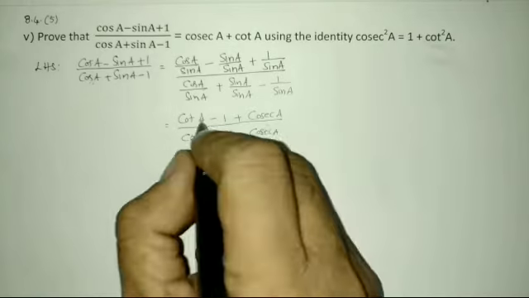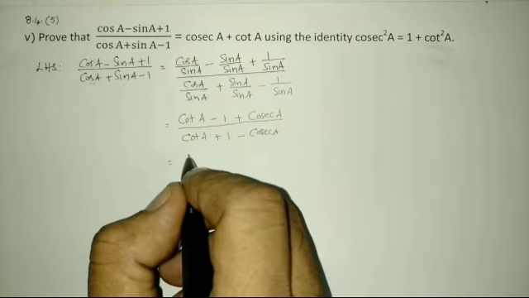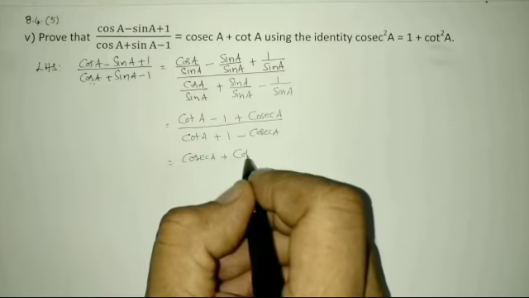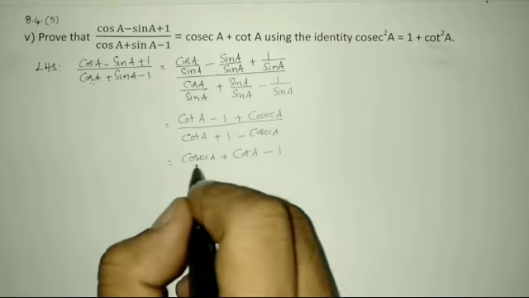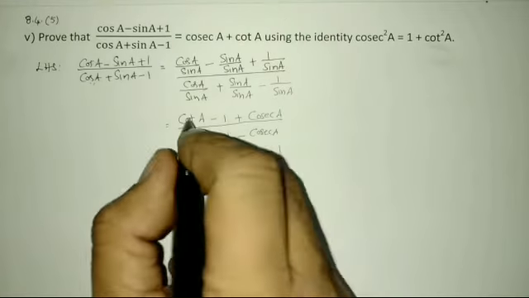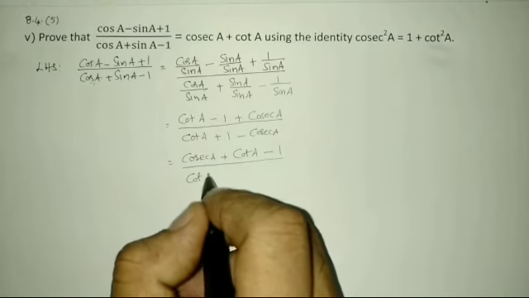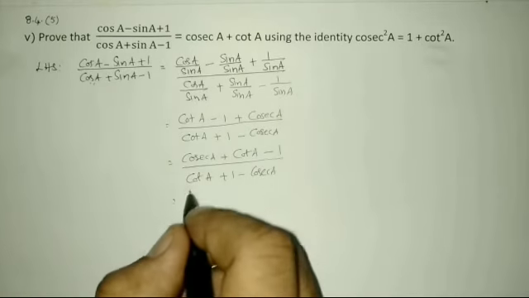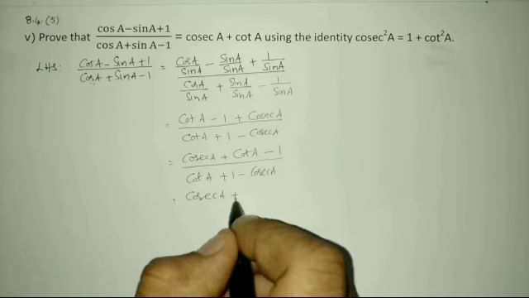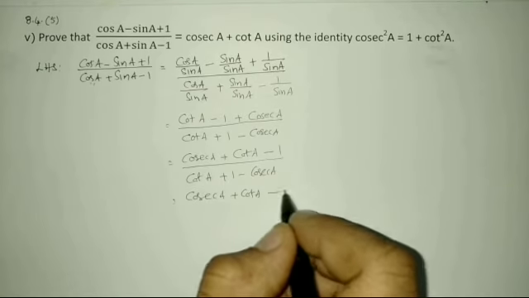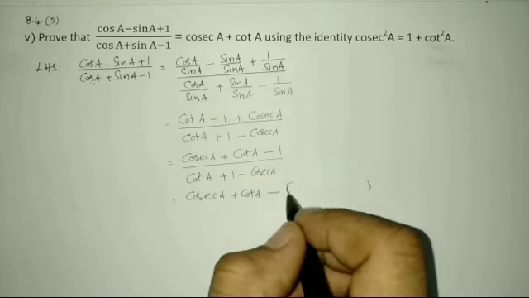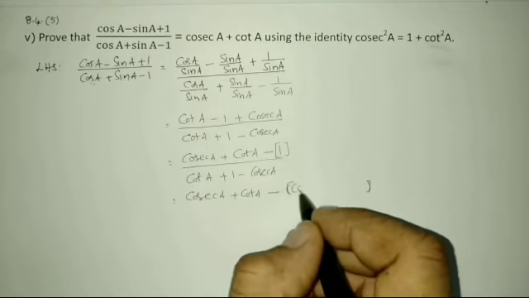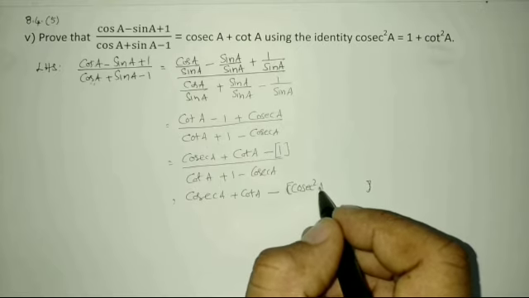Cosecant A. Now I am going to write the numerator as cosecant A plus cot A minus 1. So I rearrange the terms by cot A plus 1 minus cosecant A. So now cosecant A plus cot A. Now I am going to write this 1 as, we know that cosecant square A minus cot square A equal to 1.